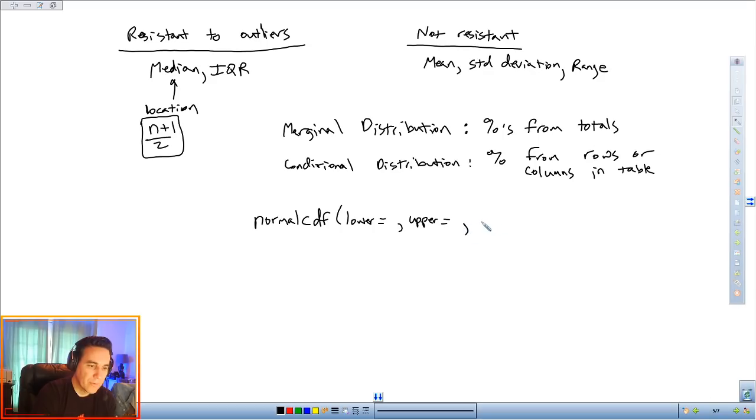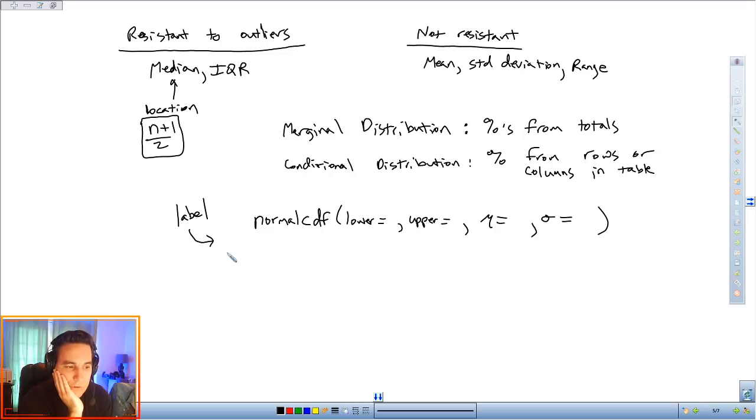Then label that the mean is this and the standard deviation is this. If you use any normal calculation, make sure you label everything with the right symbols. I think you could just put L and U and it will be totally fine. But label if you use normal CDF.